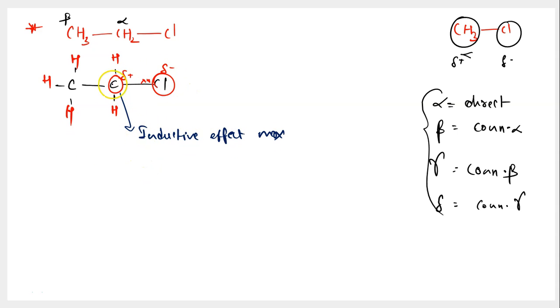Because of this inductive effect, this particular alpha carbon is behaving electron deficient. It has become electron deficient, right? So now, because this alpha carbon is electron deficient, what does it do? Any electron deficient species will develop a positive charge like this, or at least a partial positive charge.